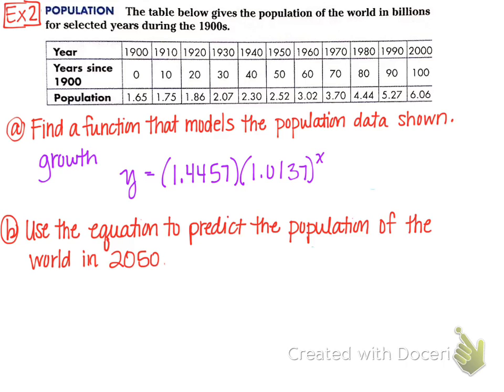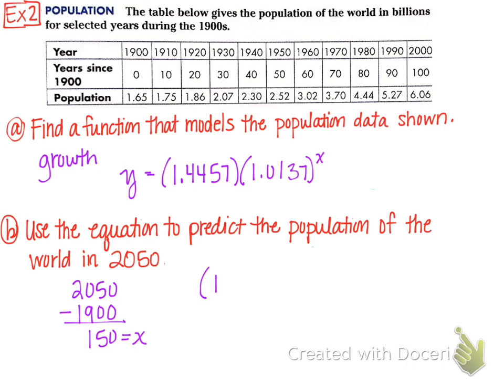So now it says use the equation to predict the population in the world in 2050. But the x values we've been using are numbers from 0 to 100 because we're trying to do years past 1900. So to figure out how many years have elapsed, we take 2050 and we subtract 1900. And we get 150. So that's what we're plugging in for our x value.